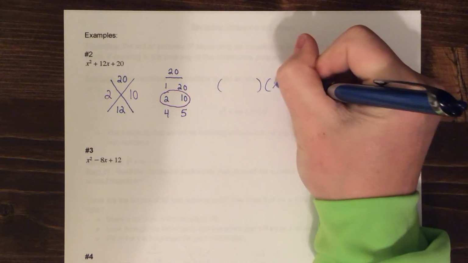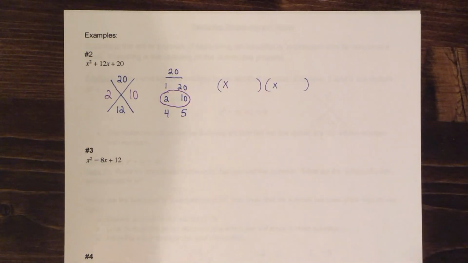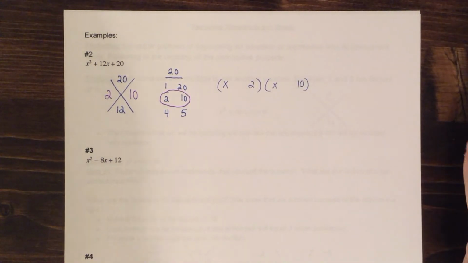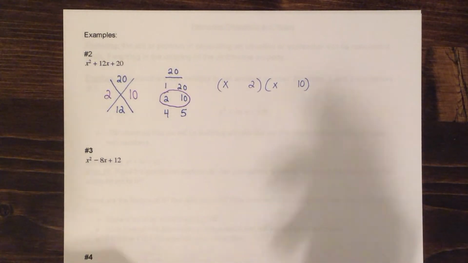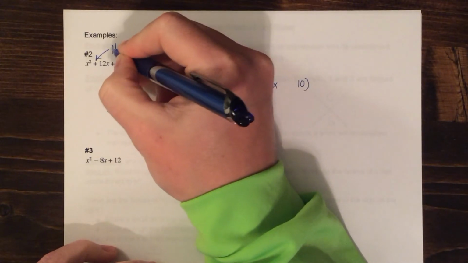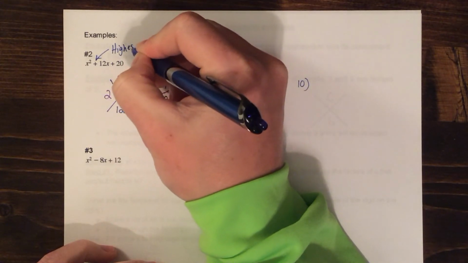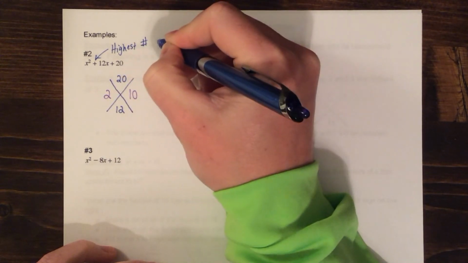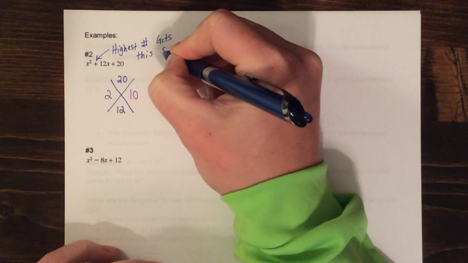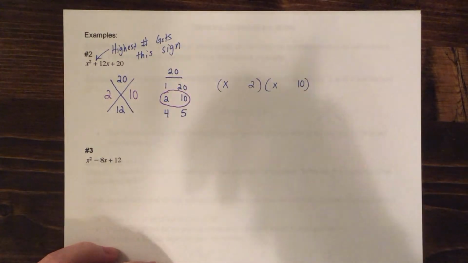I'm going to set up my parentheses. And I'm going to put my 2 and my 10. And let's think about our signs, okay? So I told you guys already, this sign right here, the highest number is going to get that sign.